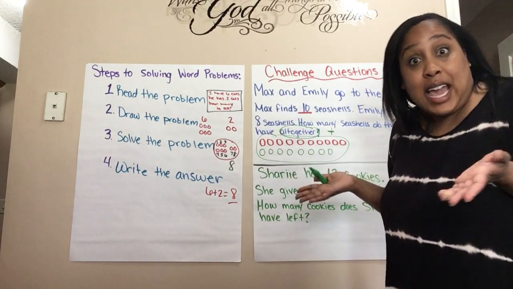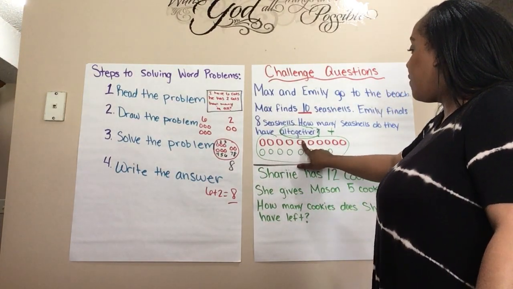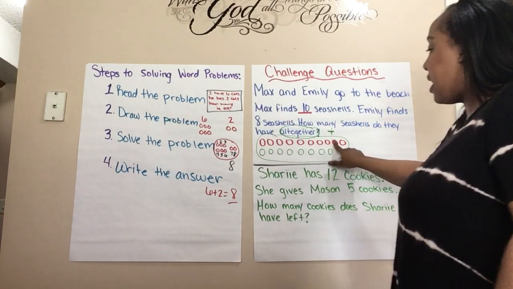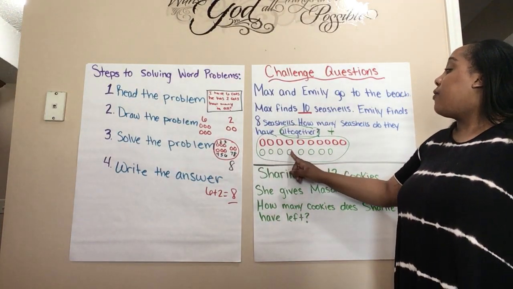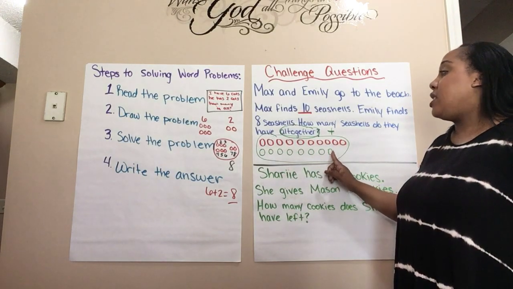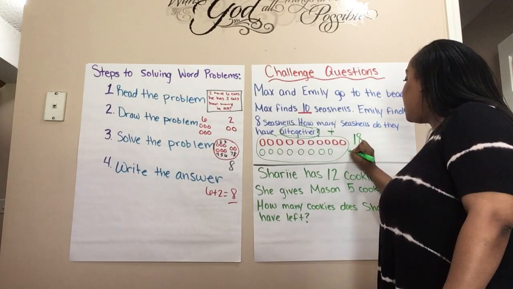I'm going to count them. 1, 2, 3, 4, 5, 6, 7, 8, 9, 10, 11, 12, 13, 14, 15, 16, 17, 18. They have 18 seashells.